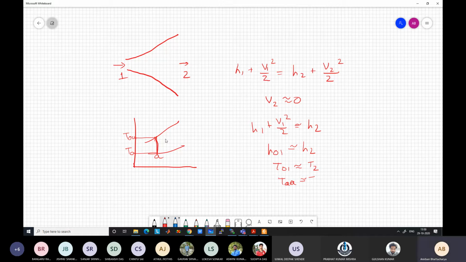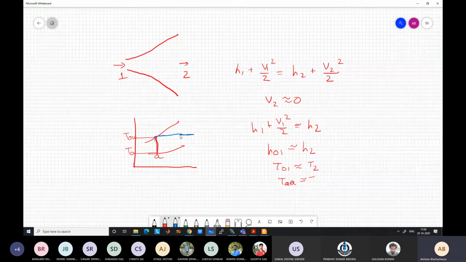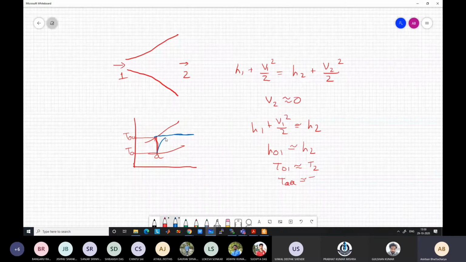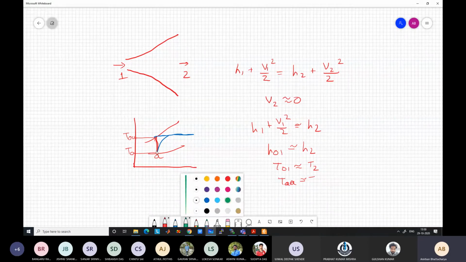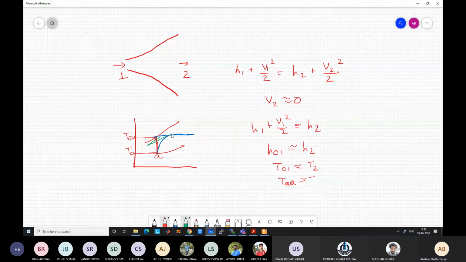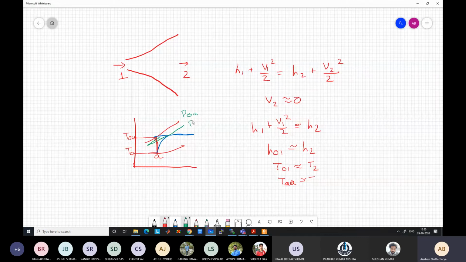So in our case, we are deviating somewhat like this. Assuming constant temperature, our line goes something like this, and we get a constant pressure line through this point. So instead of P0A, we are getting P01.